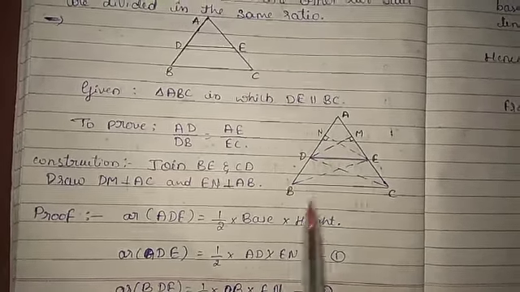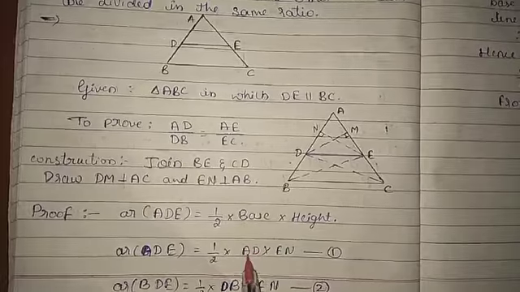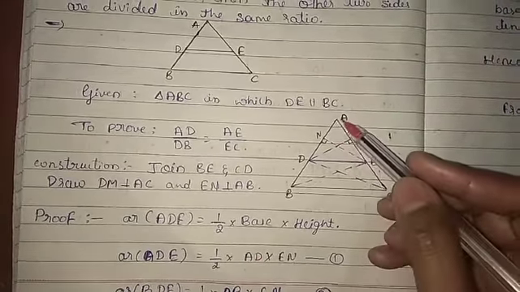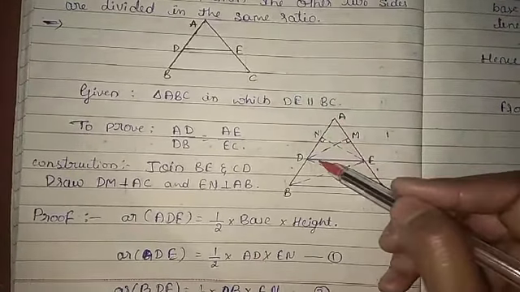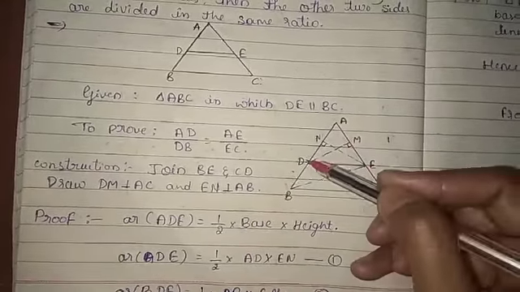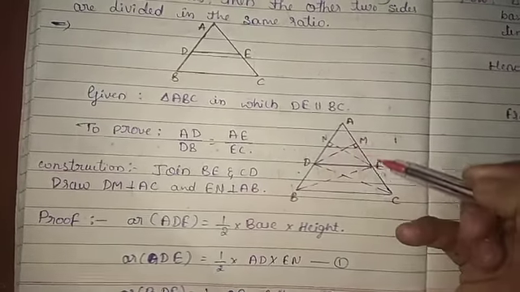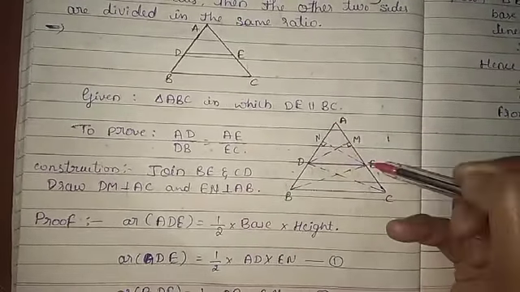Here the base is AD, and the height is EN, because we drew a perpendicular to this side. So take base AD and height EN. This is our area of ADE.